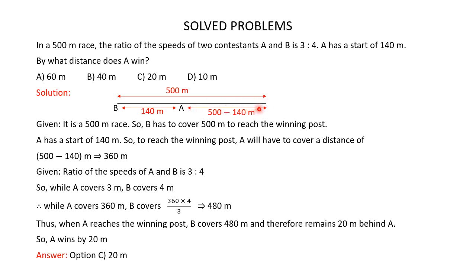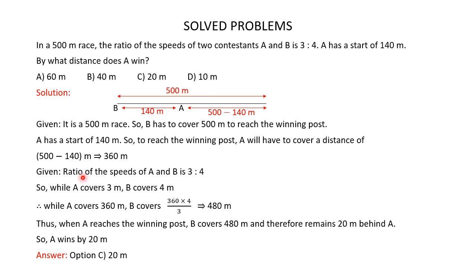Now this distance is nothing but 500 meters minus 140 meters, which is 360 meters. Hope you have understood this. So B has to cover the whole 500 meters to reach the winning post, whereas A has to cover only 360 meters.